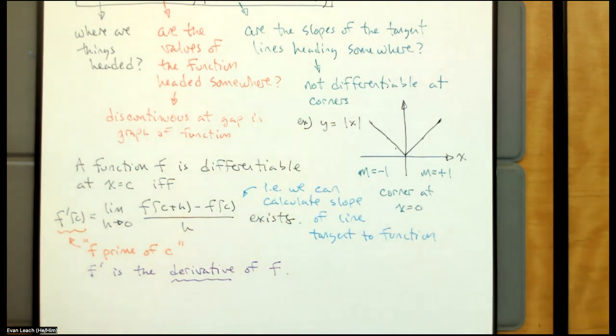So f prime is the derivative of f. F prime of c is the slope of the line tangent to the function f at x equals c.